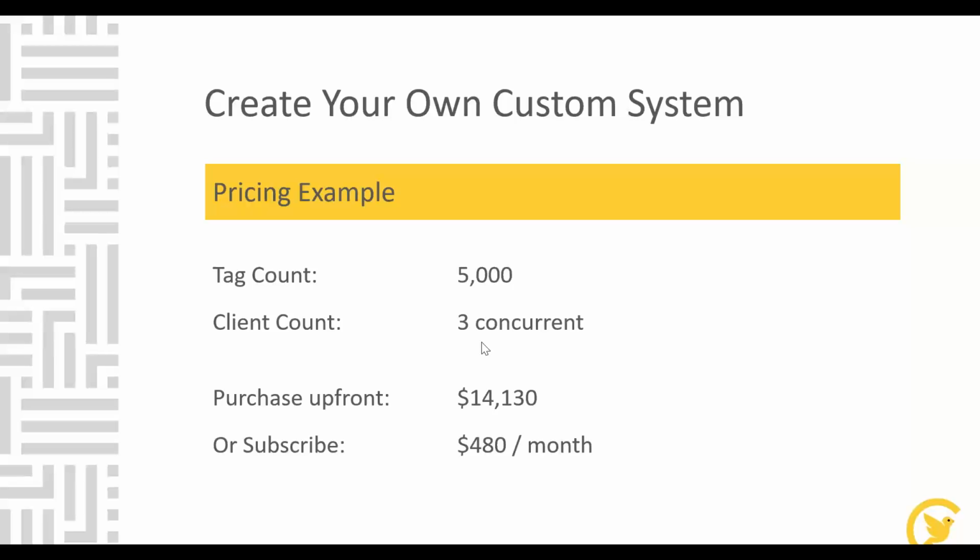So if you have a tag count of about 5,000 and a client count of 3 concurrent, then you only require an upfront purchase of around 14,130. So anytime you need any pricing discussion with us, you can always reach us and we can help you configure the price.